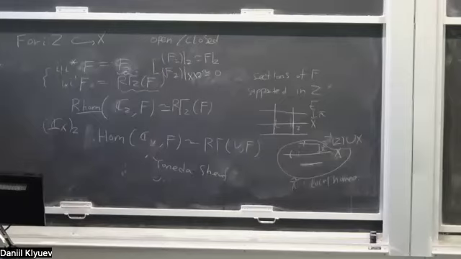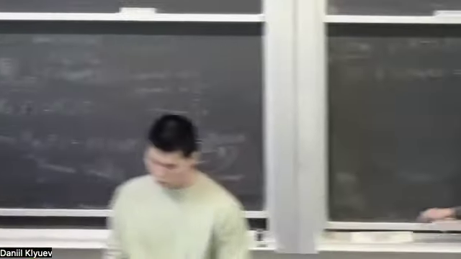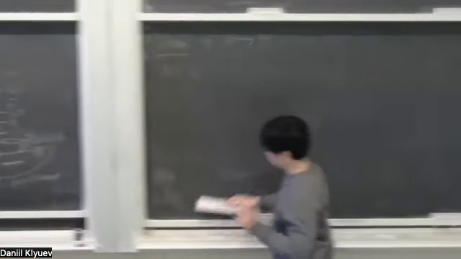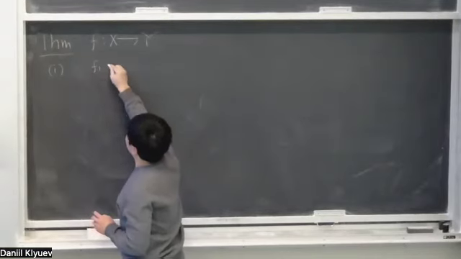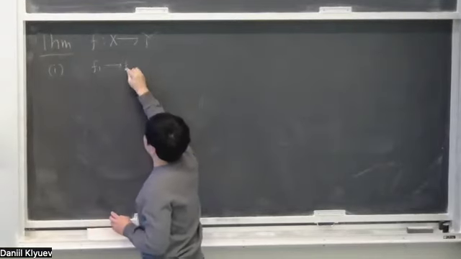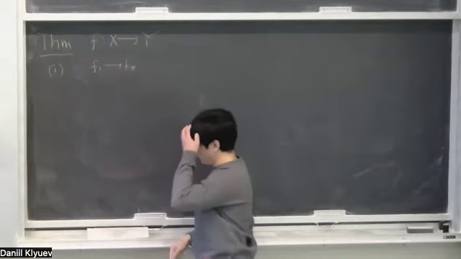So, for example, when f is proper, for this, we have a natural map from f lower shriek to f lower star.